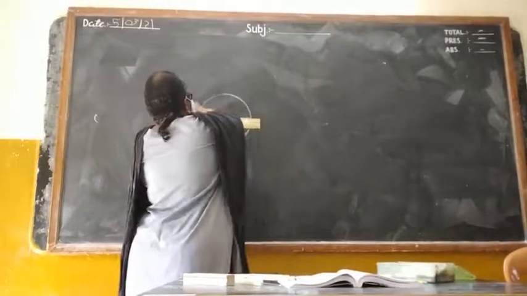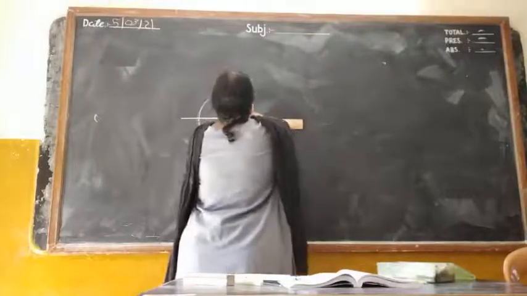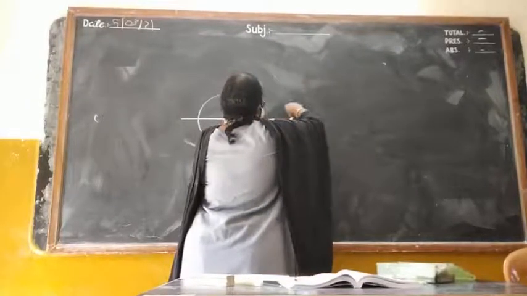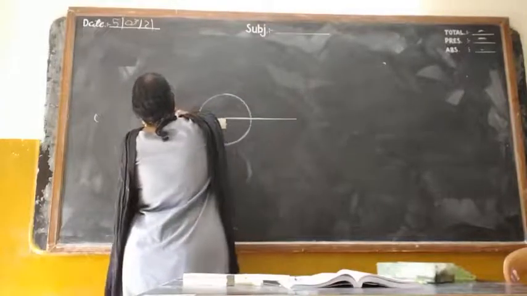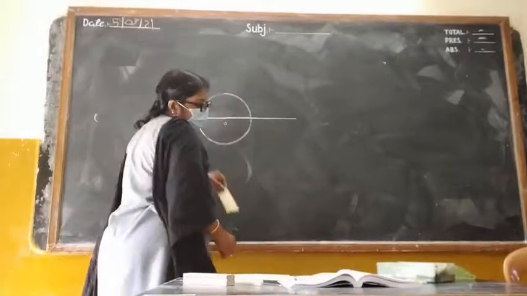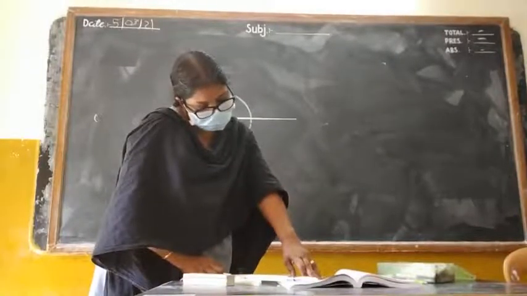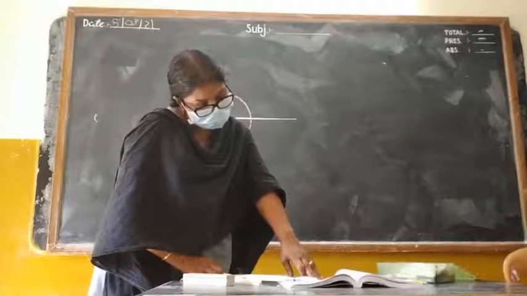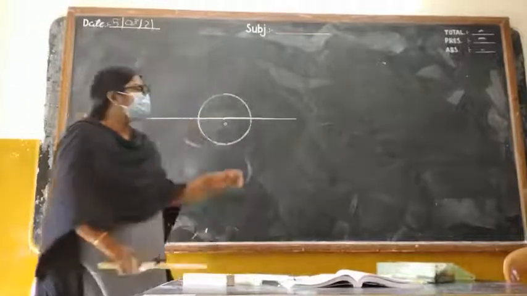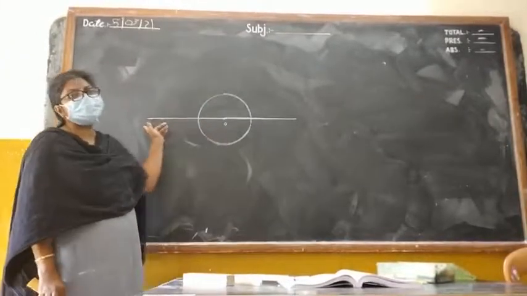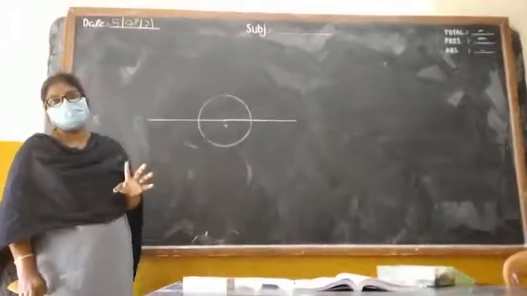If you extend that diameter, okay. So 7, extended diameter, each at a distance 7 cm from its center. From the center 7 cm, you have to take 2 points P and Q.